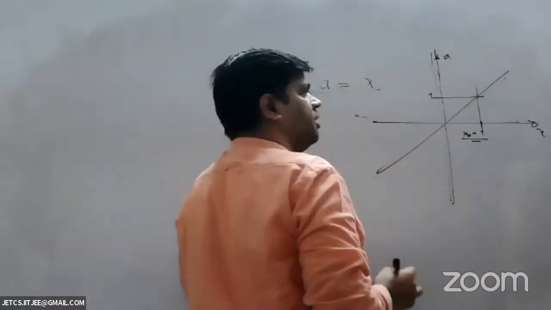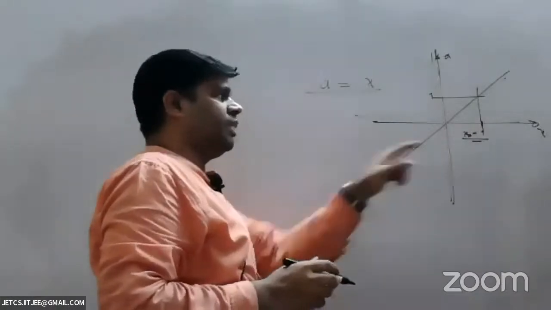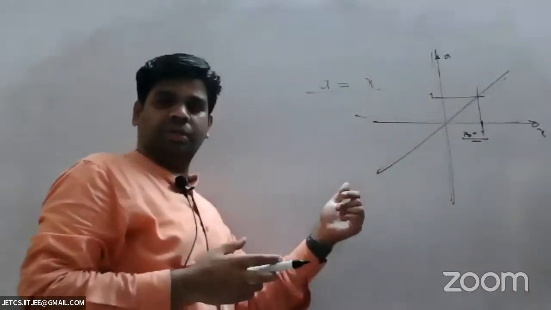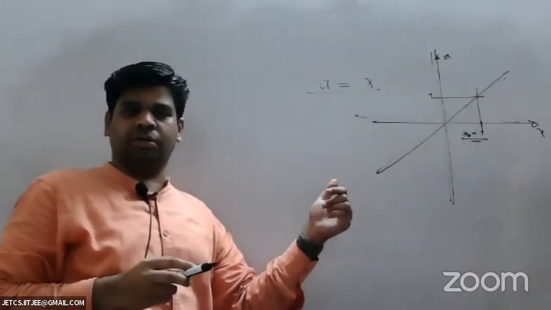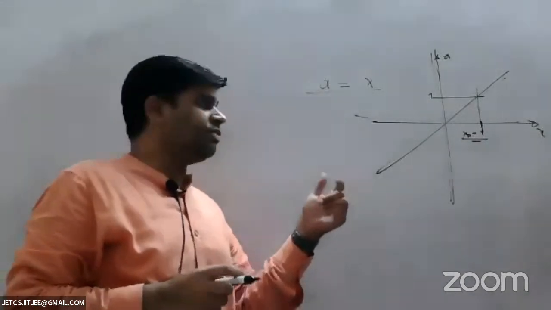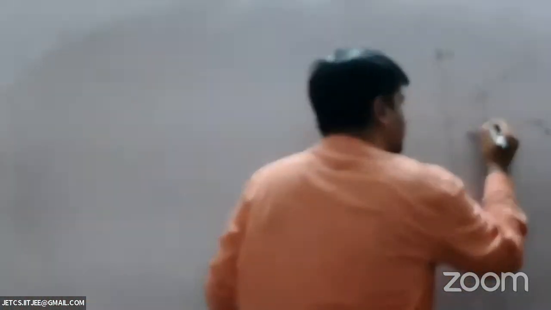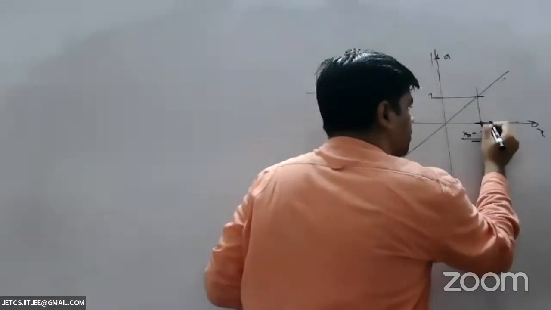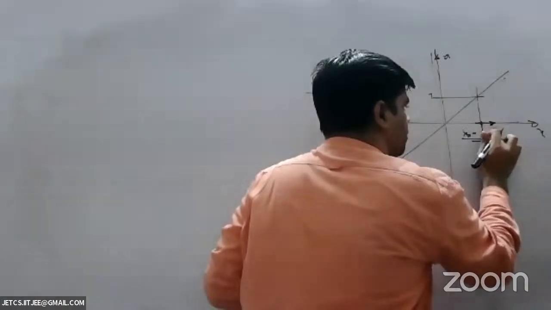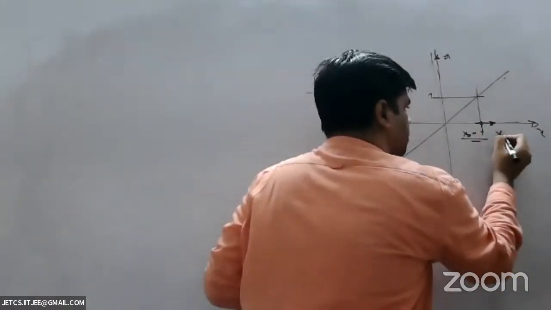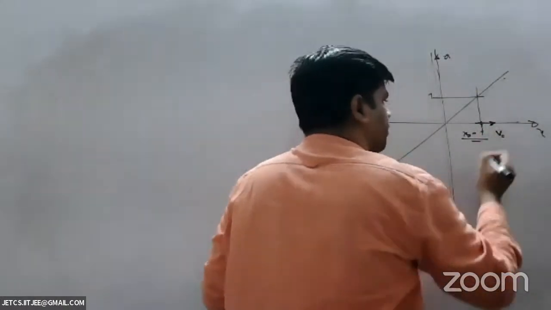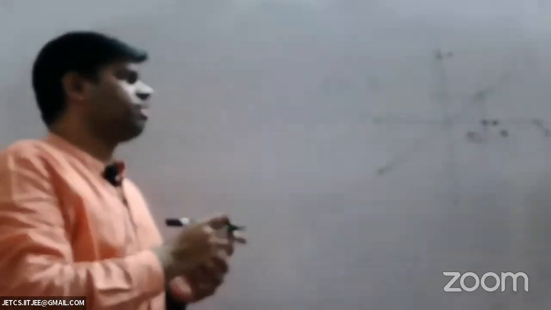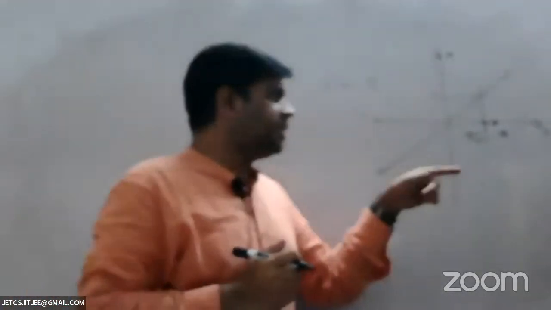Acceleration is also 1. So what will happen to the particle? Will it go away from origin or towards the origin? Initial velocity kuda 1 undi. That means particle is going towards right.